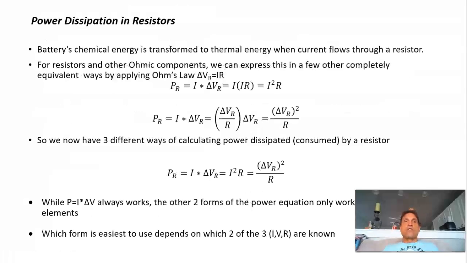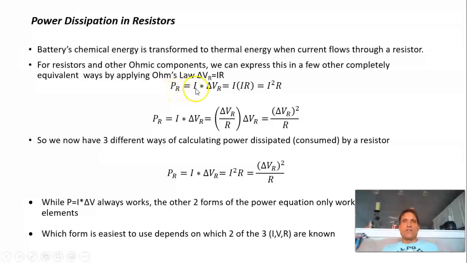Now for resistors only, and other elements that obey Ohm's law, we can write this equation, P is I delta V, in a couple of different forms that may be easier to use in some cases, although P equals I delta V always works. We're going to denote the power consumed or dissipated by a resistor as heat by P_R, where R is the subscript for resistor.